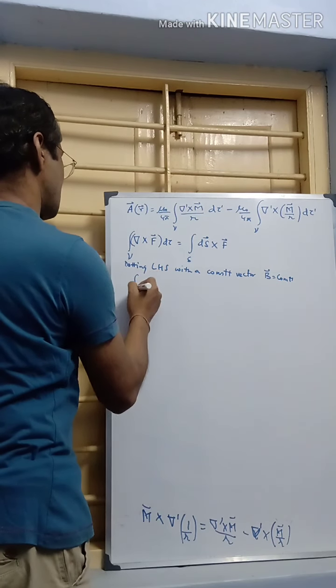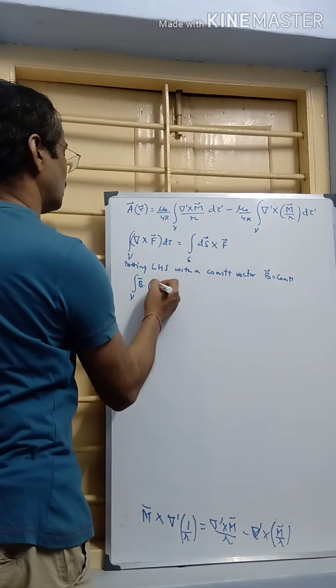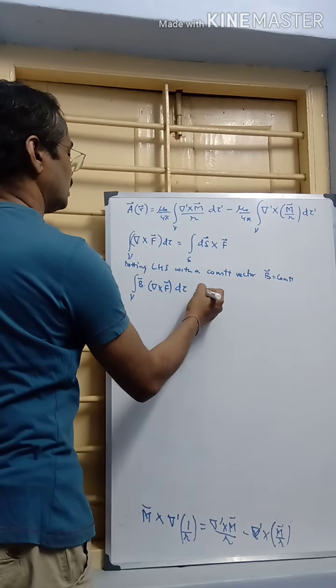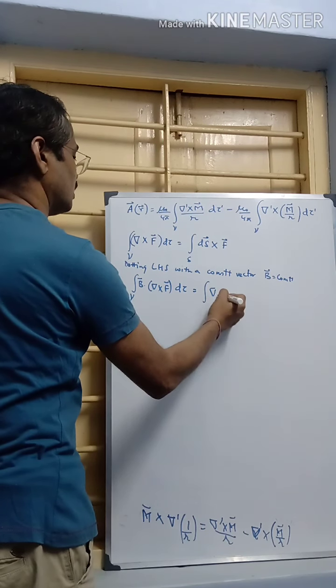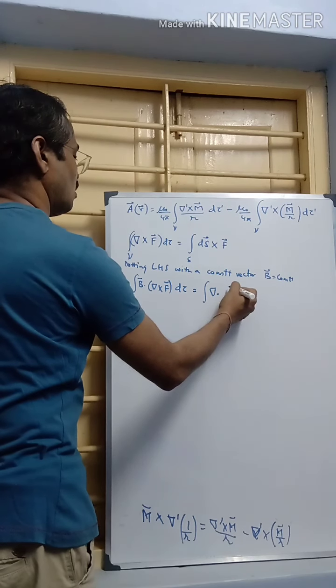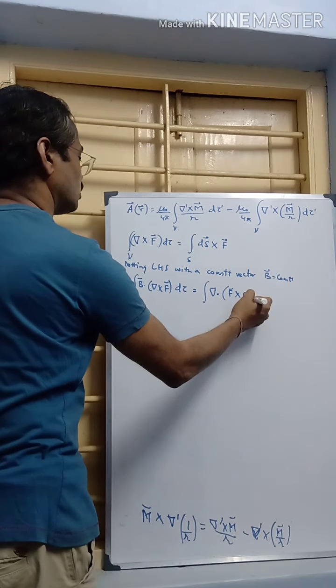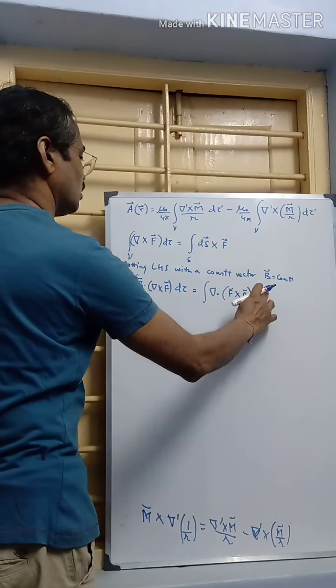So this gives b dot the volume integral of curl of f d tau is equal to the volume integral of divergence of f cross b d tau prime.